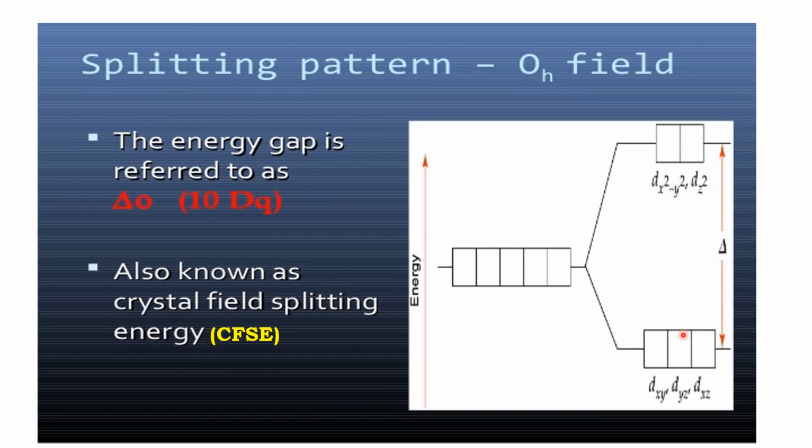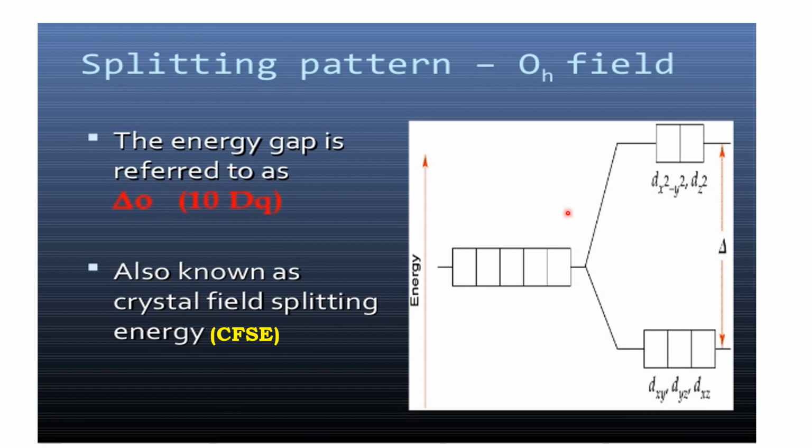Got the point? I hope you got the point. So degenerate d orbitals remained together. Who came? Ligand came. So splitting occurred. They split into two. Three orbitals together, T2g. Two orbitals together, Eg. The energy gap between T2g and Eg is called 10 dq value or delta O. Why is it O?